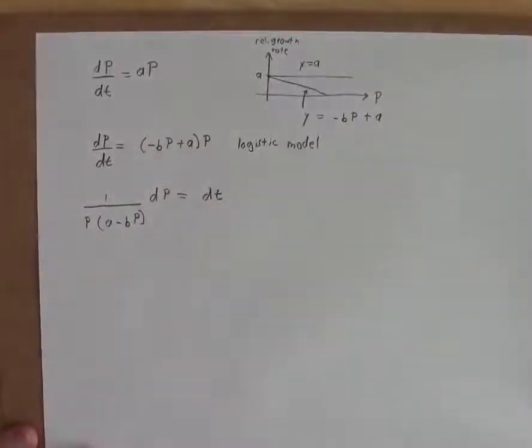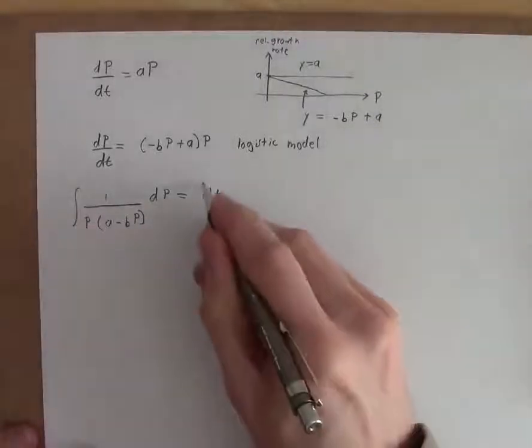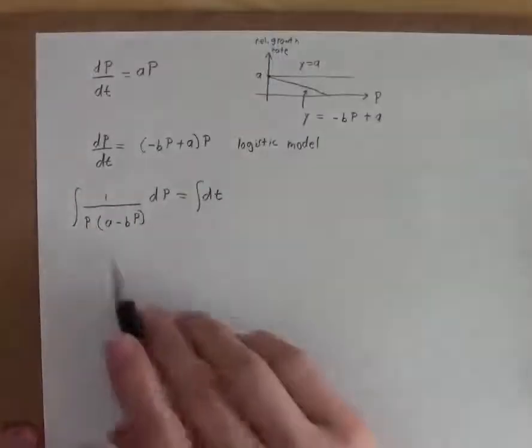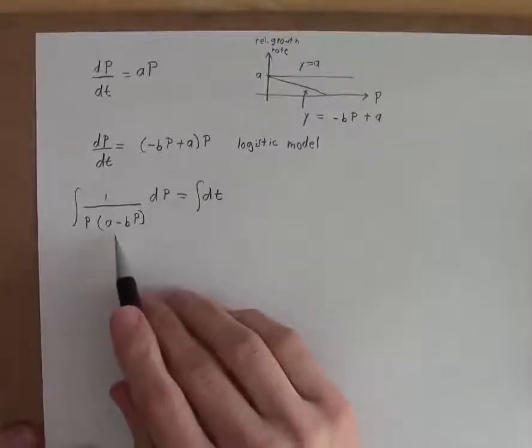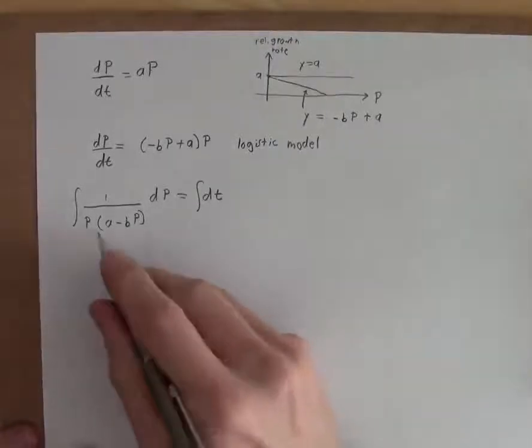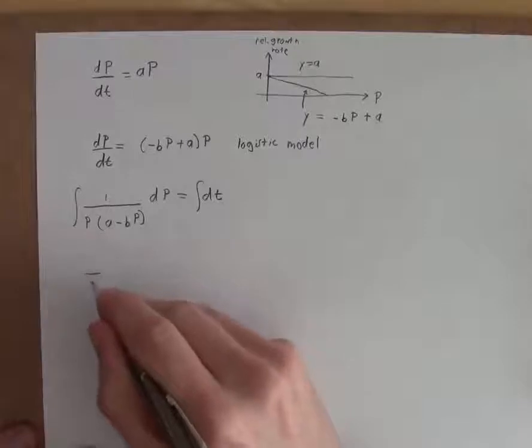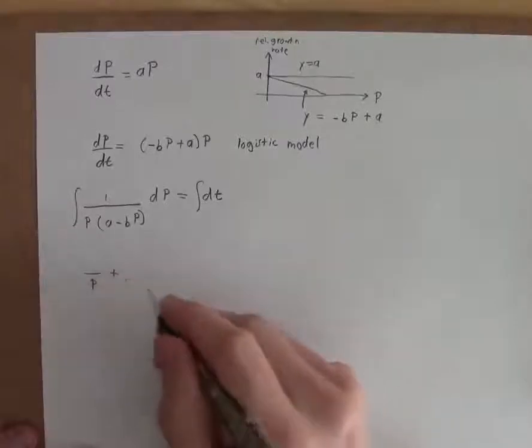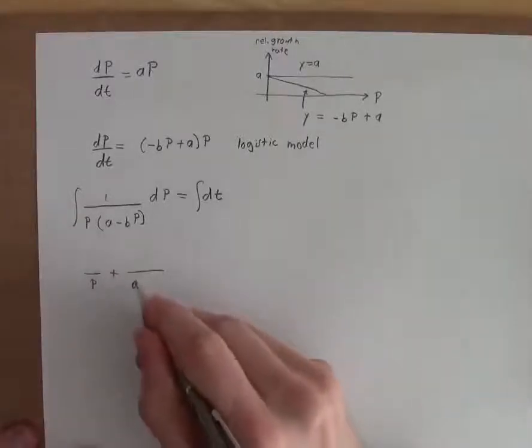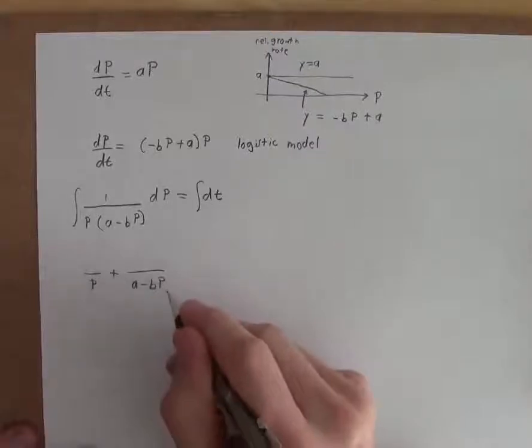So now the variables are separated, and we'll integrate both sides. To integrate the left side, we'll be applying partial fractions. So we'll split up the denominator as something over P and something over A minus BP.